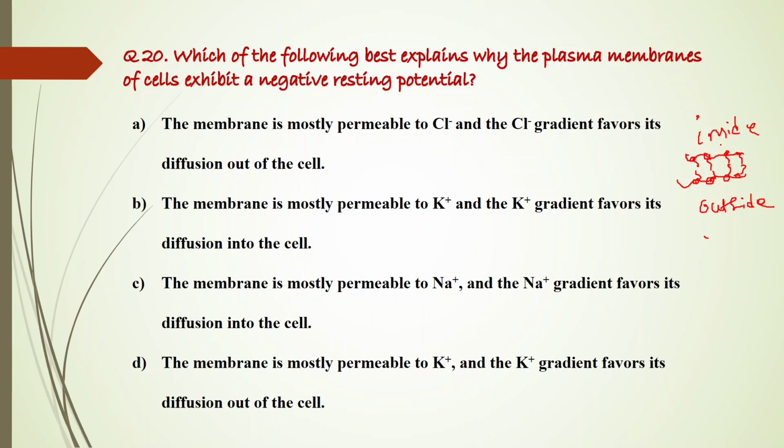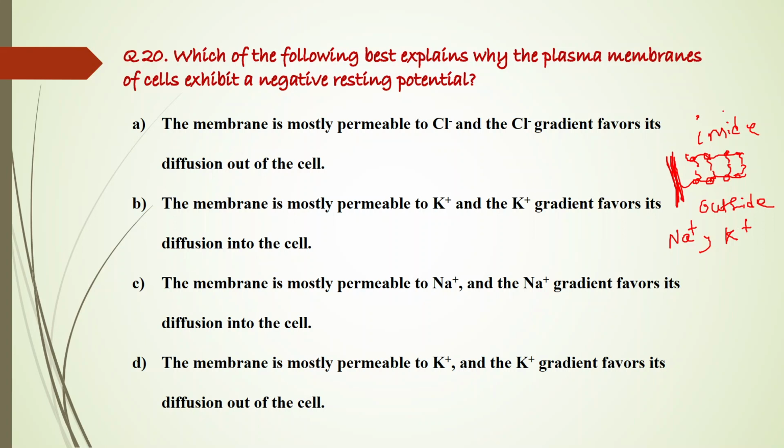This is our cytoplasm or intracellular part. Okay. Now there is a potential that exists alongside this membrane due to the transportation of Na plus and K plus ions. Now which of this transportation gives rise to the resting potential?